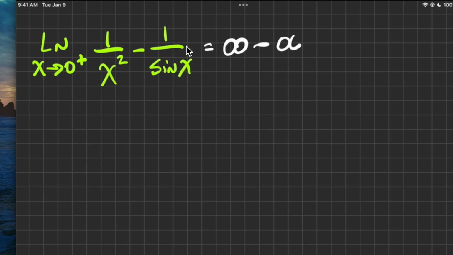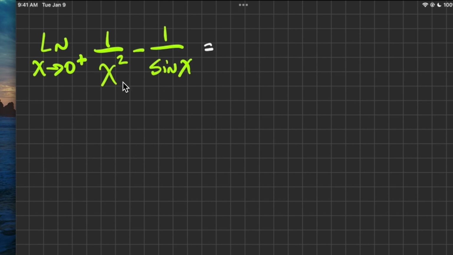So we have infinity minus infinity. This is indeterminate, but it is not L'Hopital's friendly. Recall, L'Hopital friendly indeterminate forms are both fractions. So when we're given a problem like this, we have to turn this into a single fraction, hoping that we're going to get something L'Hopital amenable.